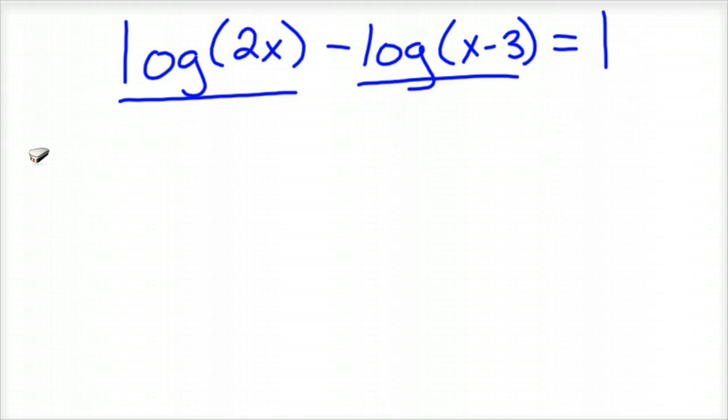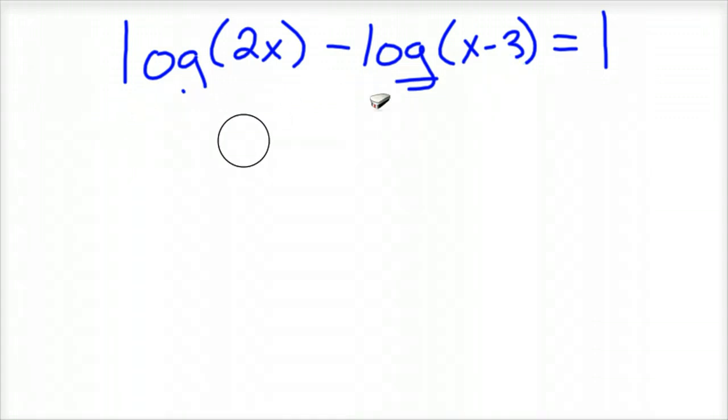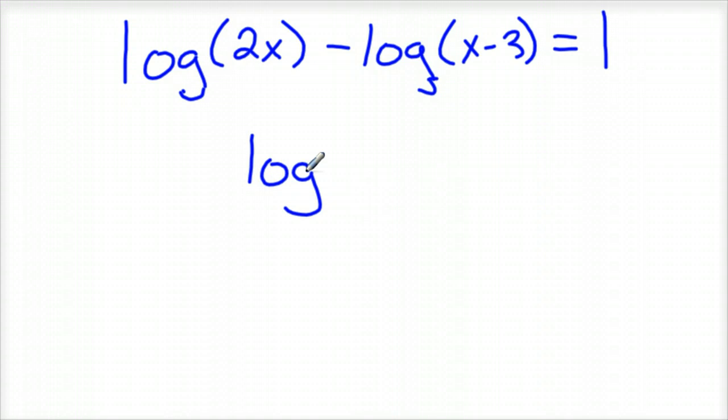So when you do this then, and again, this is a base 10 logarithm. So when you do this, log 2x minus log x minus 3 equals 1, you combine it this way. So log of 2x over x minus 3, and then equals 1.